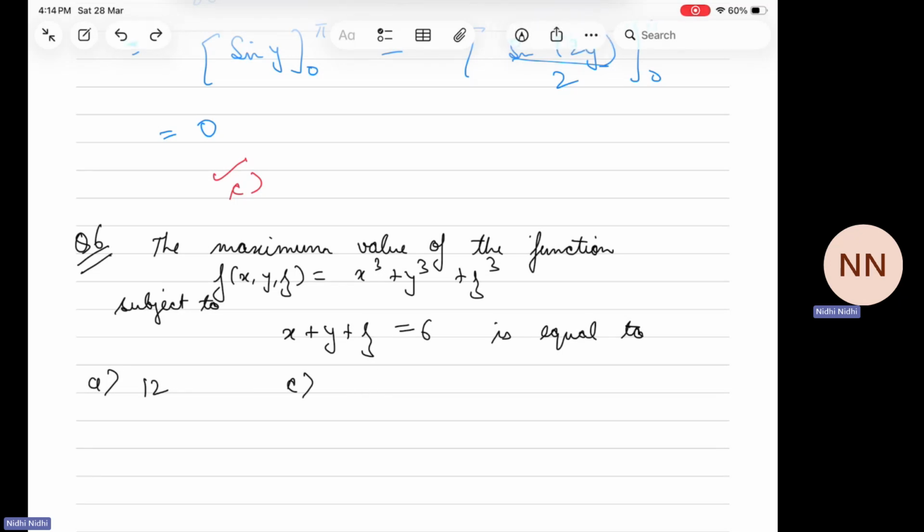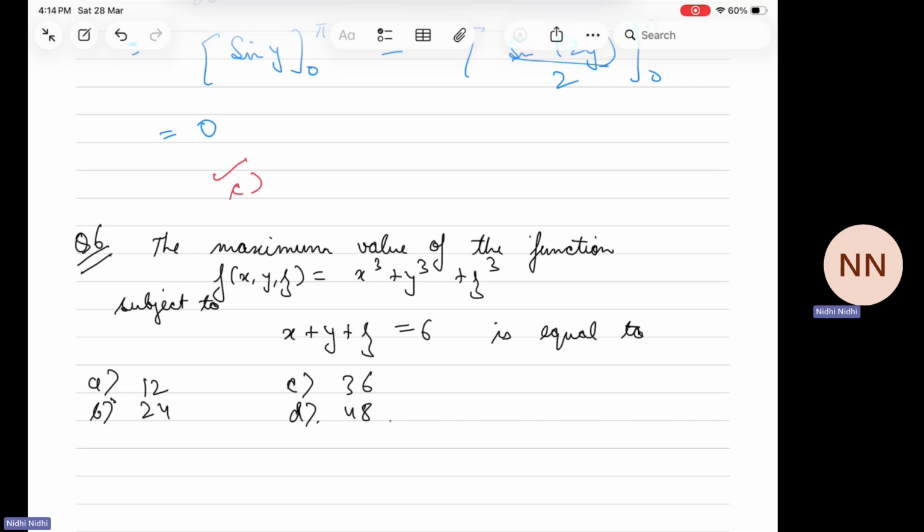Instead of maximum, it should be minimum, because the maximum value comes out to be something which is not in the options. Well, let's discuss it and we'll conclude then.